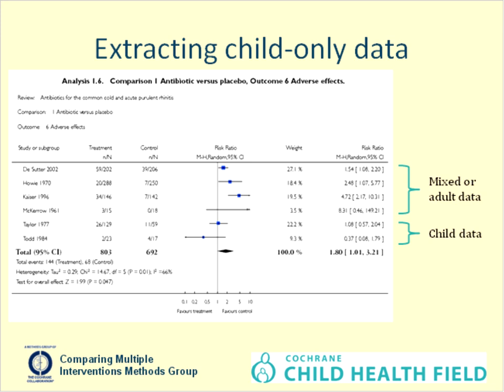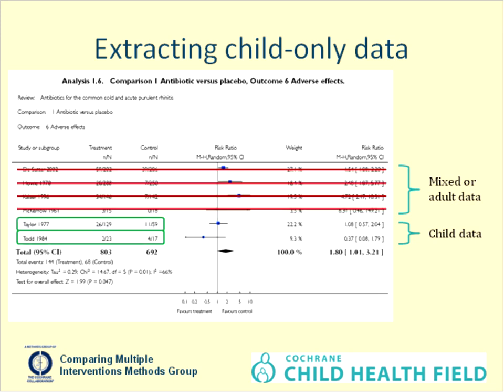So as you can see, the first 4 trials here included mixed or adult data, which we did not want included in our overview. And the last 2 trials included children only. So the last 2 trials, that's what we want to include in our overview, and that's what we're going to re-extract. So we're going to do this by taking the data that's circled here and re-entering it into Review Manager.